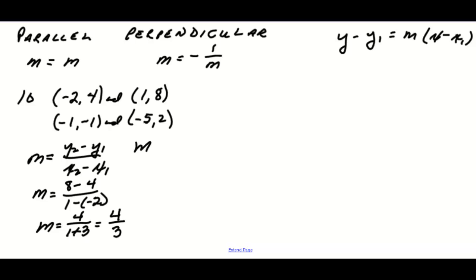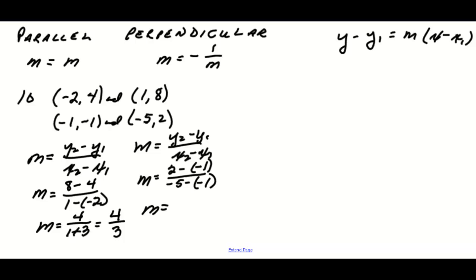For our second set of points, writing the formula down again, m equals 2 minus a negative 1 over negative 5 minus negative 1. In this case, we get 2 plus 1 over negative 5 plus 1, so m equals 3 over negative 4, or negative 3/4.